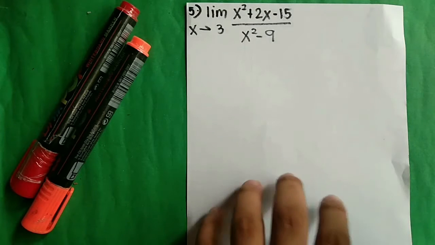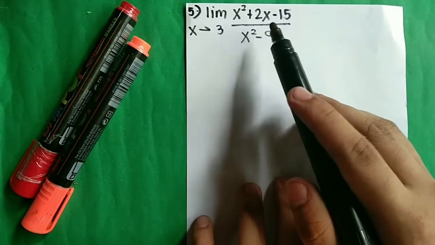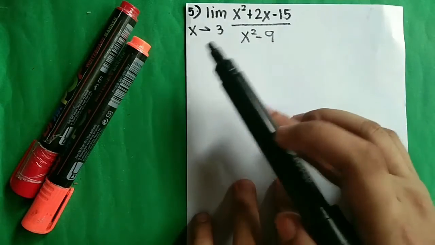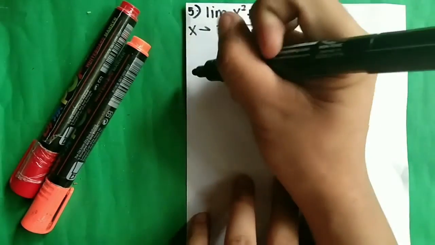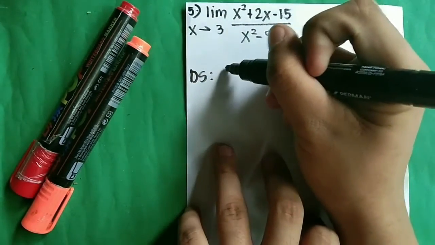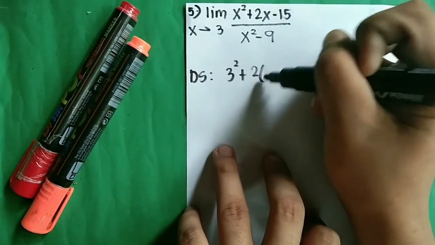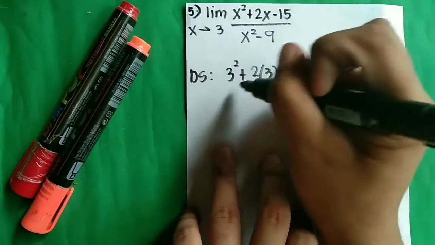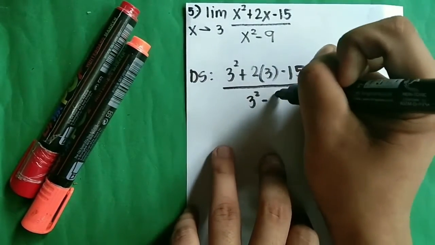Example number 5. The limit of x squared plus 2x minus 15 all over x squared minus 9 as x approaches 3. Again, let us try to direct substitute the value of x, which is 3 squared plus 2 times 3 minus 15 all over 3 squared minus 9.